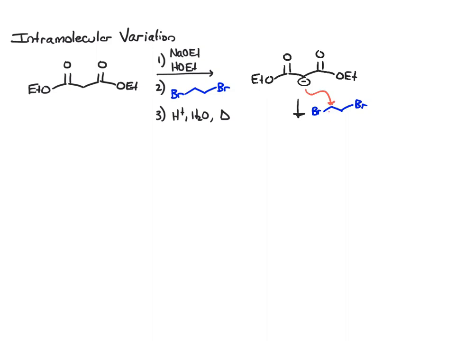And that'll attack one of those carbons. You'll lose bromine as a leaving group. So here's our new bond, and we have 2 carbons and the other bromine.